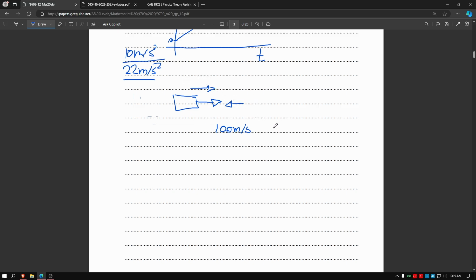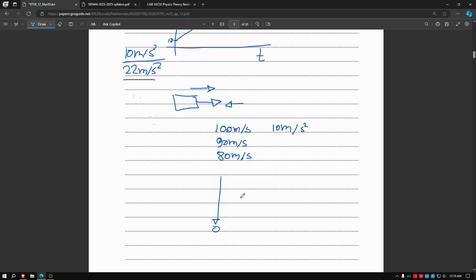Let's say you have a deceleration of 10 meters per second squared. That would mean the speed is decreasing 10 meters each second. So it will become 90 meters per second, then 80 meters per second, and so on until you reach zero meters per second.